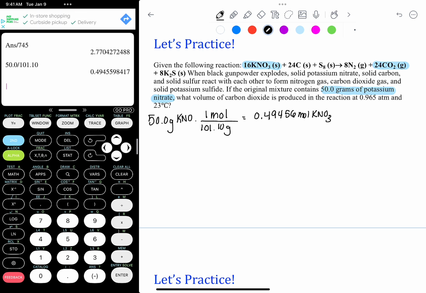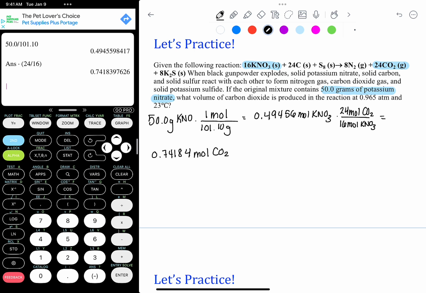Our next step says to convert from moles of solid to moles of gas, and our gas here is going to be CO2. So we can go 16 moles of KNO3 produces 24 moles of CO2. So we'll multiply it by that ratio of 24 divided by 16, and we get out 0.74184 moles of CO2.